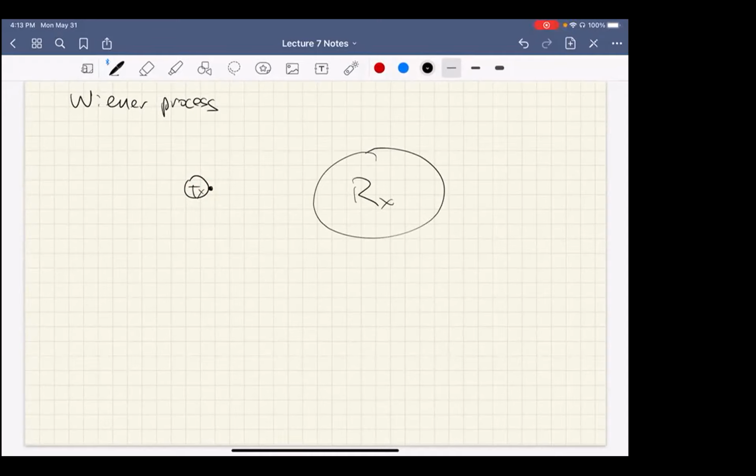And the idea is, what happens after some random walk?